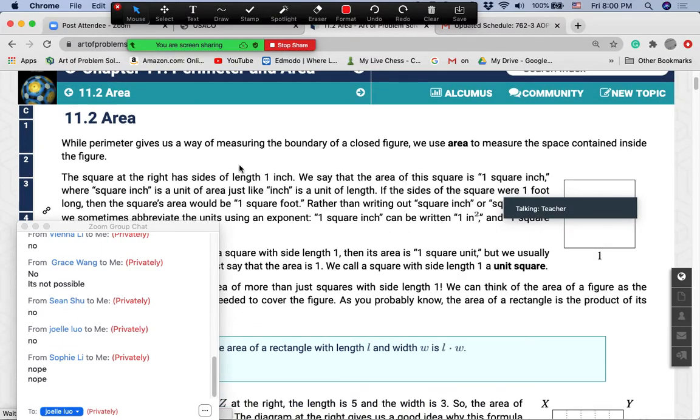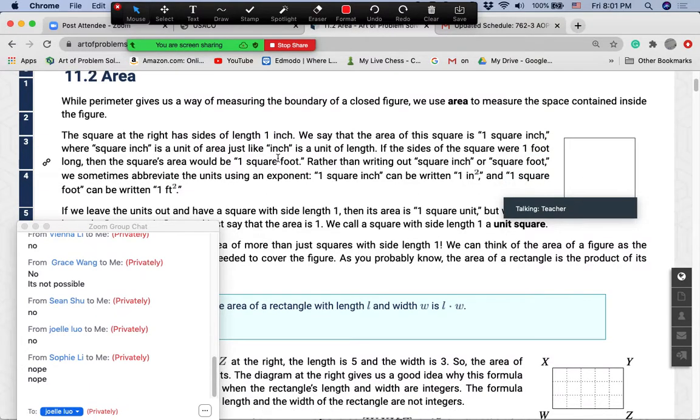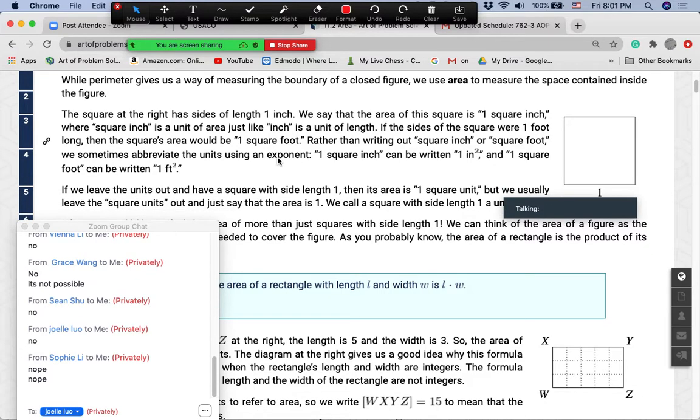In the second section, we will try to calculate the area. You can think of the area as the space contained inside a figure.